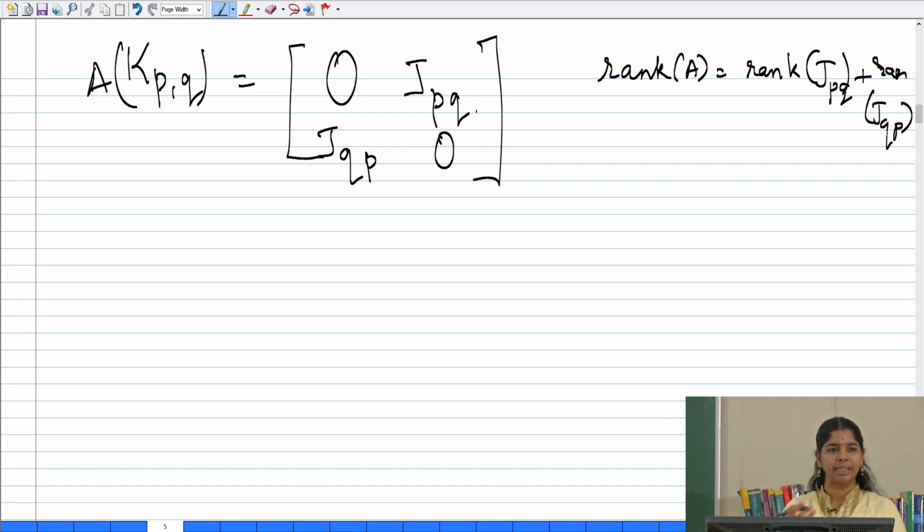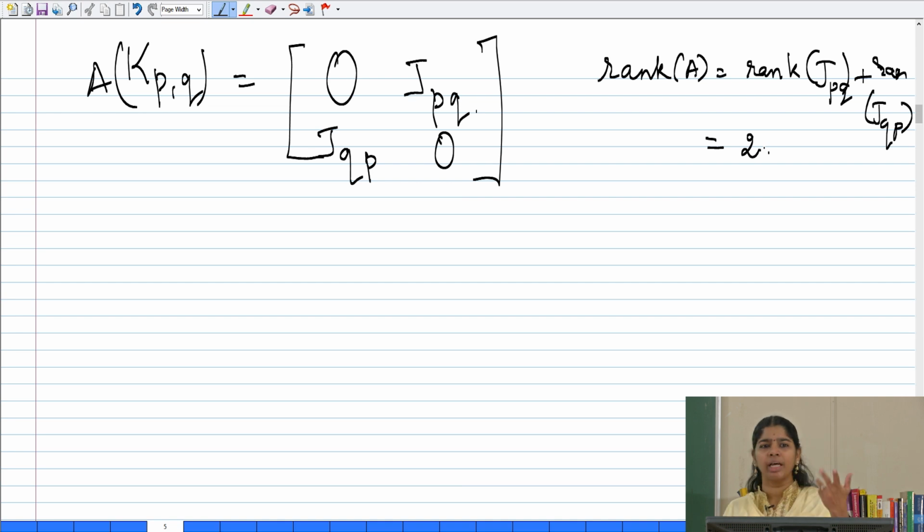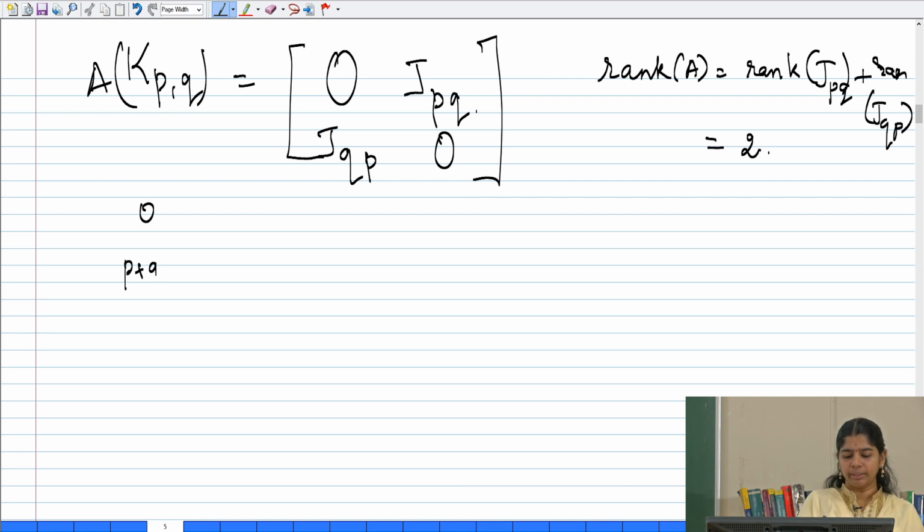We know a J matrix has rank 1, whatever dimension we are talking about. So, this is equal to 2, right. That means we are looking for 2 non-zero eigenvalues and the rest are all 0 eigenvalues. So, 0 occurs with multiplicity p plus q minus 2, the total number of vertices minus 2.